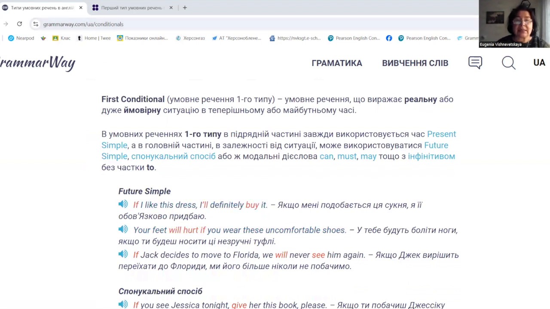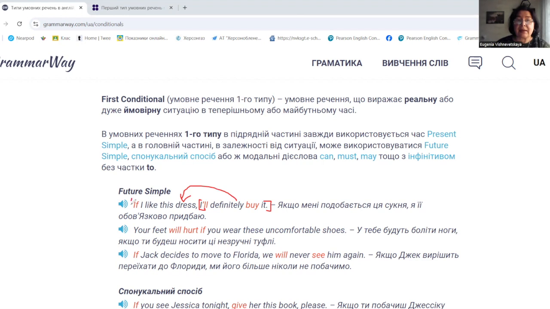Look at this sentence. Let's see how to build the first conditional. I will definitely buy it. This is the main clause. And we ask a question from the main clause to the subordinate clause. With the help of which condition, or when, do I buy this dress? If I like it.